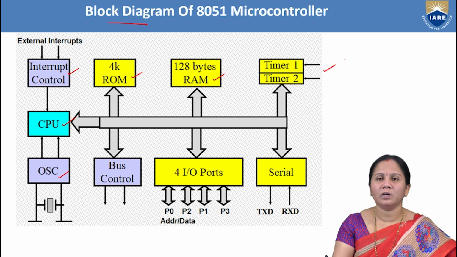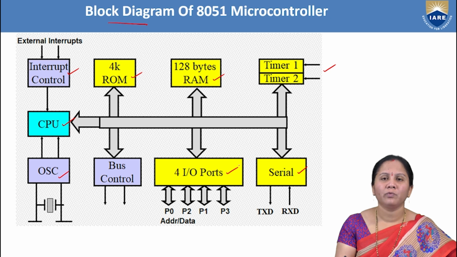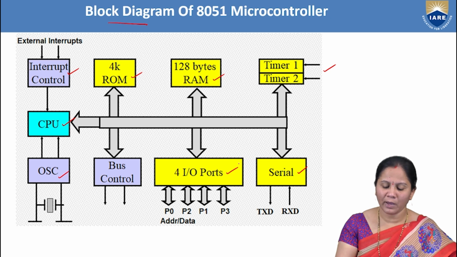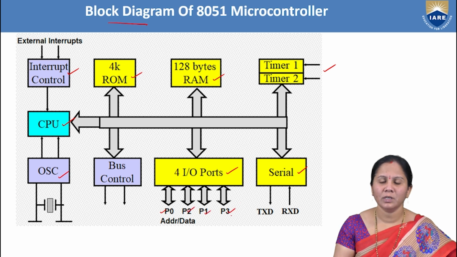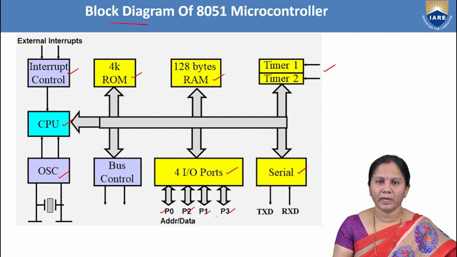Here are the 2 timers, timer 1 and timer 2, and each timer is 16-bit. It has one serial communication port, and it also consists of 4 IO ports: port 0, port 1, port 2 and port 3. All 4 IO ports are bidirectional, which means they can be used as both input and output pins.